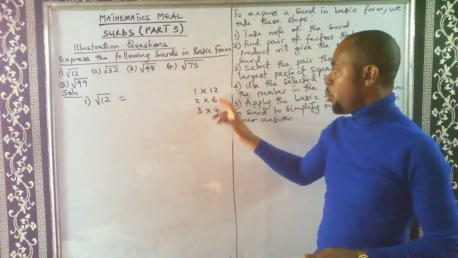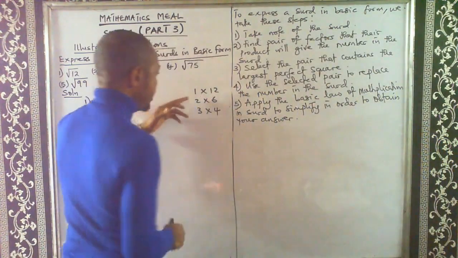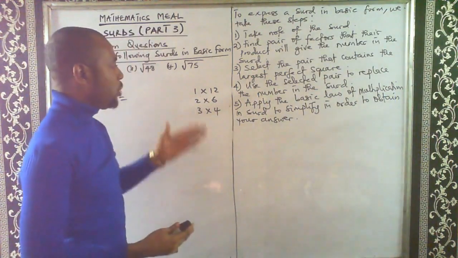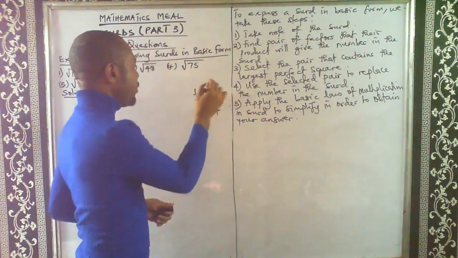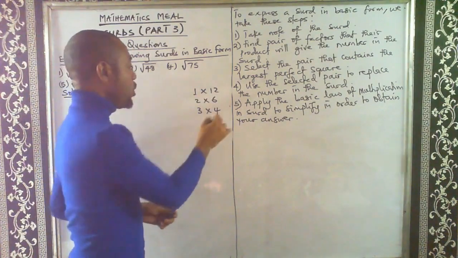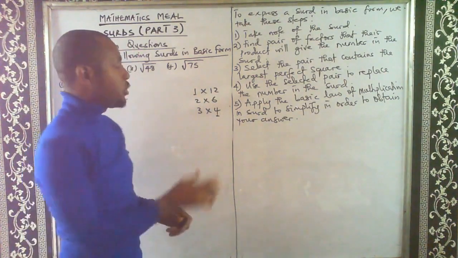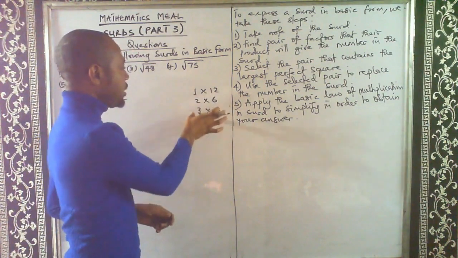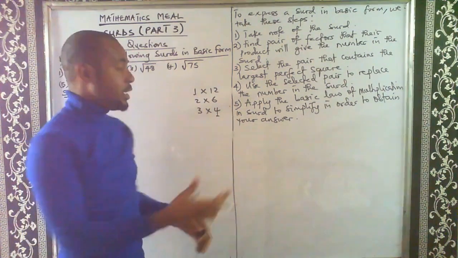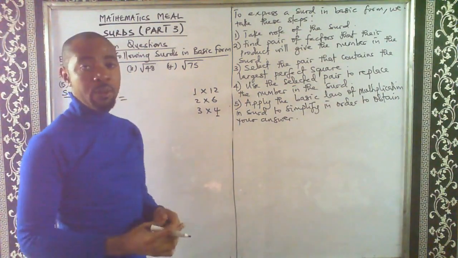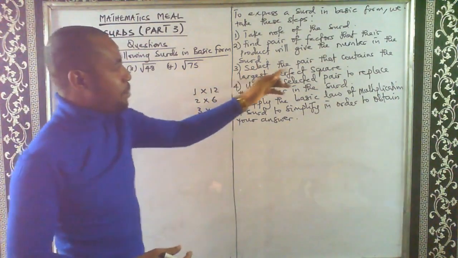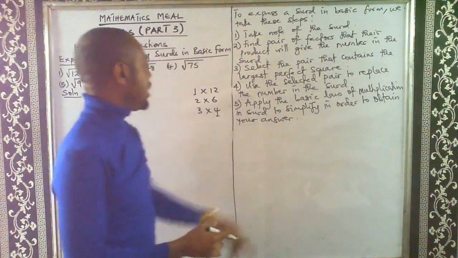So what we are trying to do here is to check these pairs. Which one contains the largest perfect square? We know that 1 is a perfect square, and then we know that 4 is a perfect square. So there is a perfect square here, there is a perfect square here, but which one is larger? 4 is actually larger than 1, is bigger than 1. So we select the pair that contains the largest perfect square.